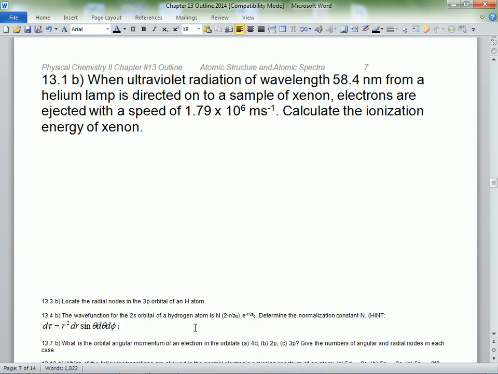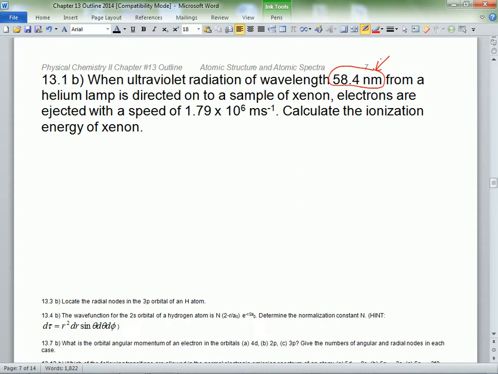Ultraviolet radiation of wavelength 58.4 nanometers from a helium lamp. Ashley, what's the easy way, right off? I guess my brain is just used to working these problems out. When I see 58.4 nanometers, I don't read the word nanometers.